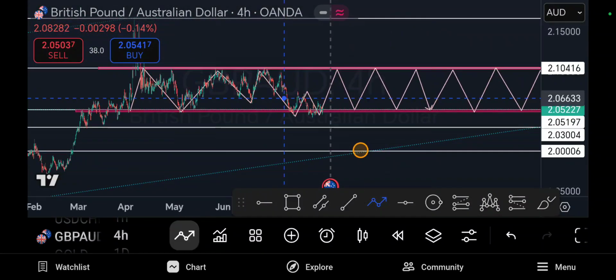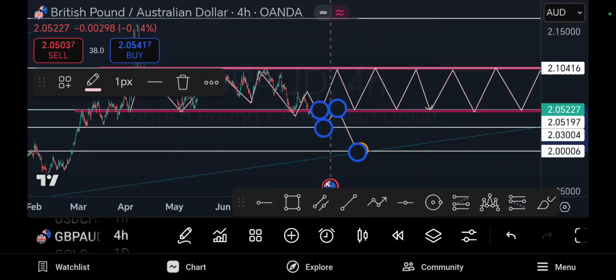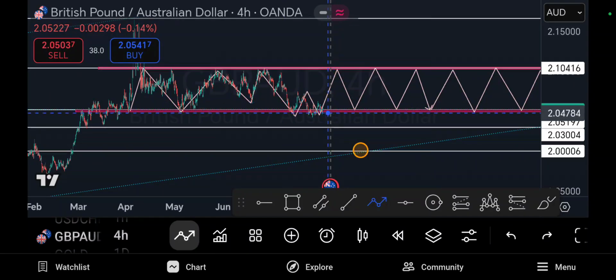Because what could happen is that it could break out, come here, retest, push further here, and then give us that nice push to the upside. You see, maybe like this, push there, and then push up.